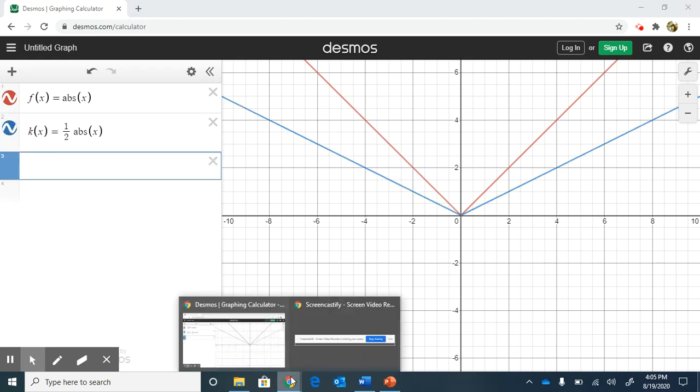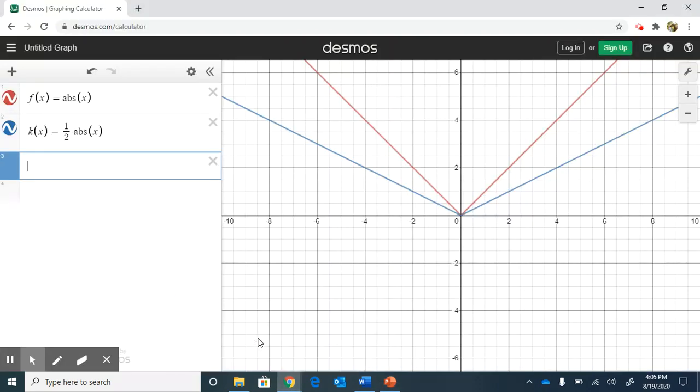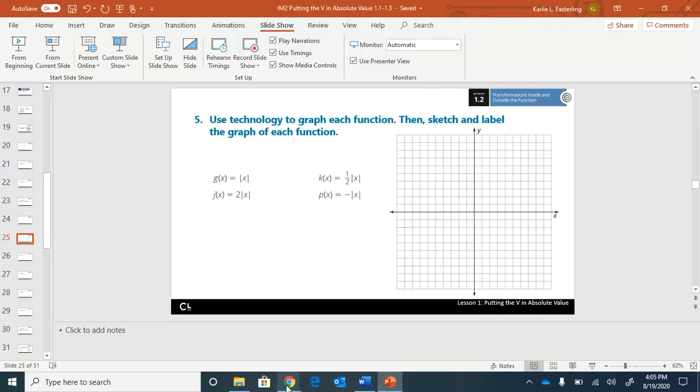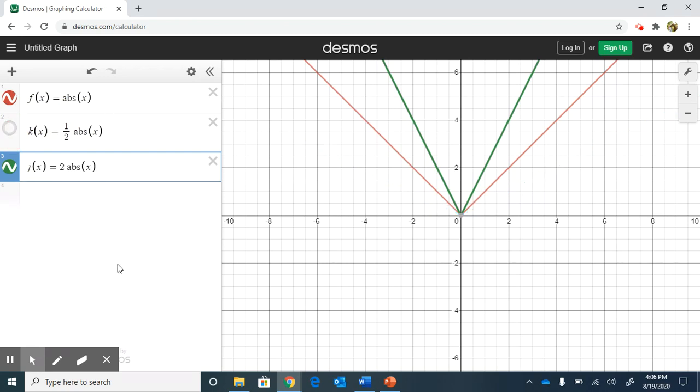Let's see, what were the other two? 2 of absolute values. Shoot, what was it? J. J of x, 2 ABS of x. So this one, if we're looking at our just regular absolute value function, looks like we picked up the sides and pulled them up, kind of squeezed it together. That's the best way I would know how to describe it.